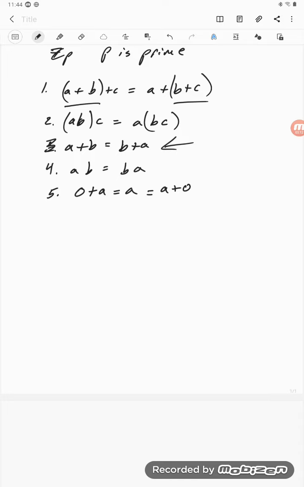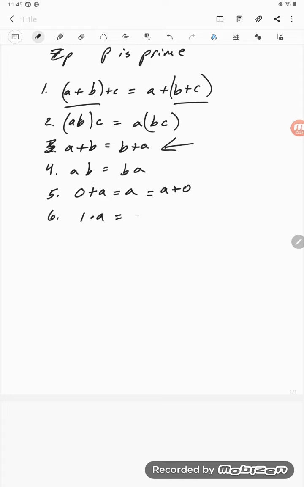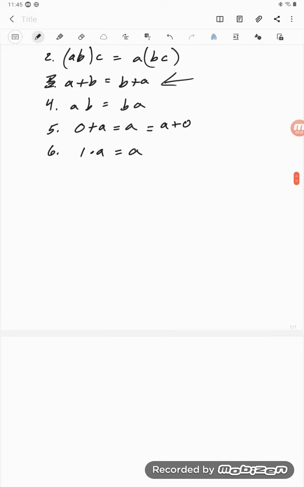Okay, so we've got these five of the 10 axioms they give us. Well, similarly, there's this thing called 1 that's a multiplicative identity. So 0 is an additive identity, 1 is a multiplicative identity. And so we just get back our element A there, and again, we could multiply on either side by 1.